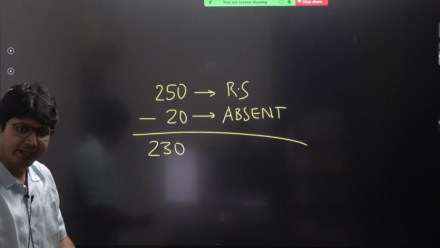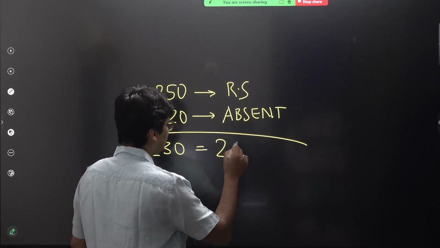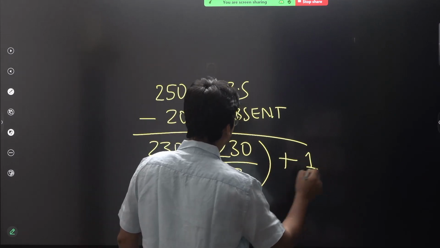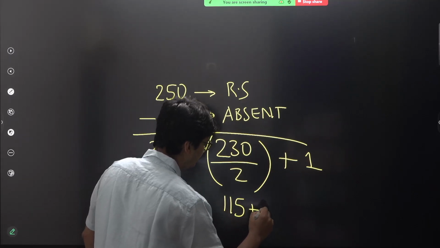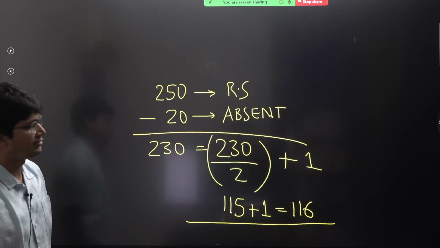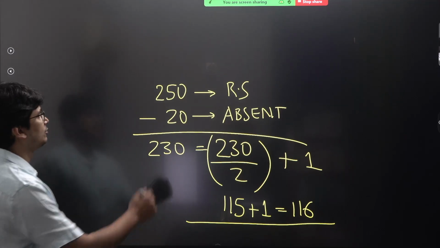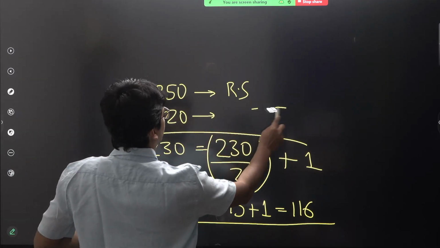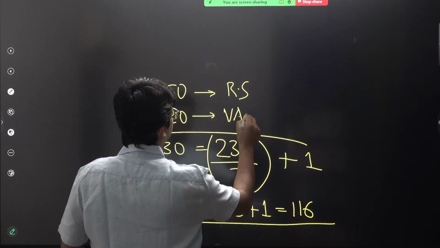So to calculate the effective majority, it would be 230 divided by 2 plus 1. So it would be 115 plus 1, which is equal to 116. This is the meaning of plus 1. This is your effective majority when 20 seats, sorry, are vacant, not absent. 20 seats are vacant.